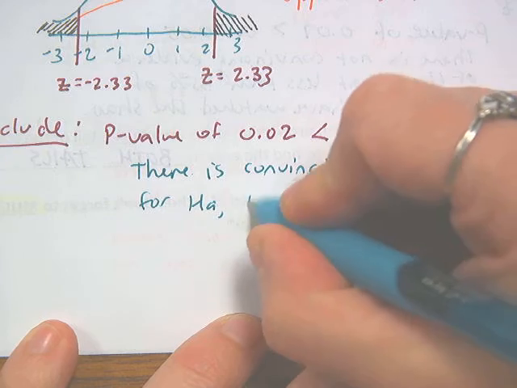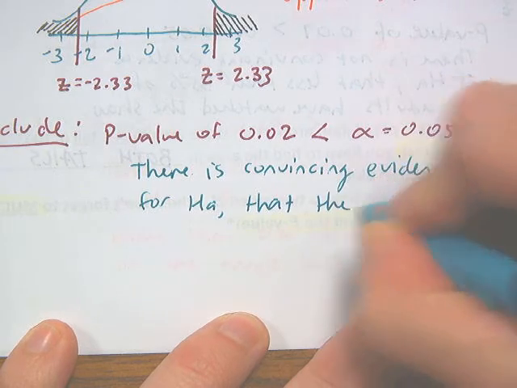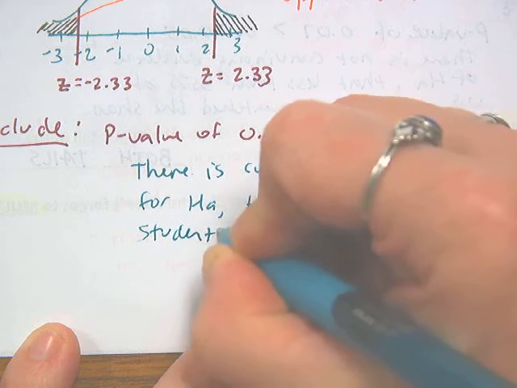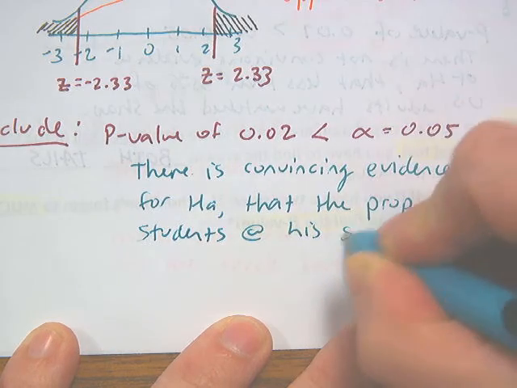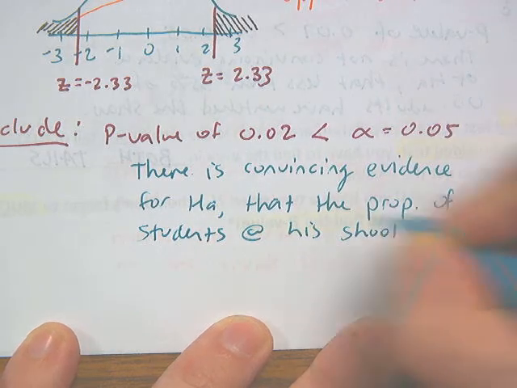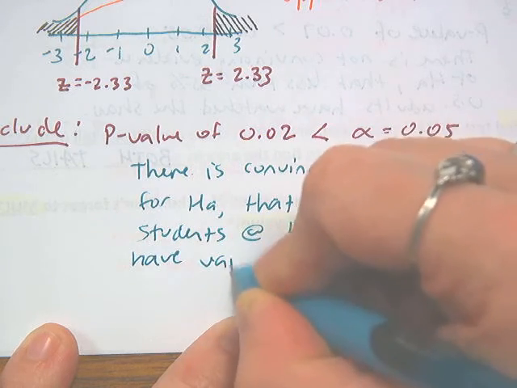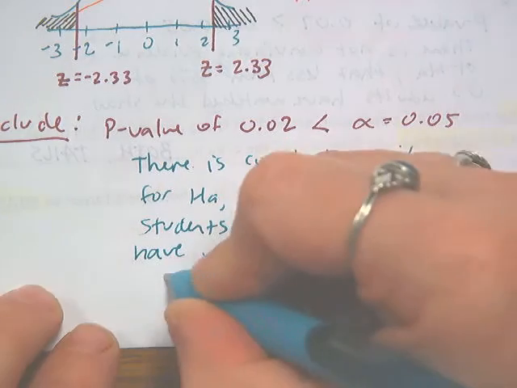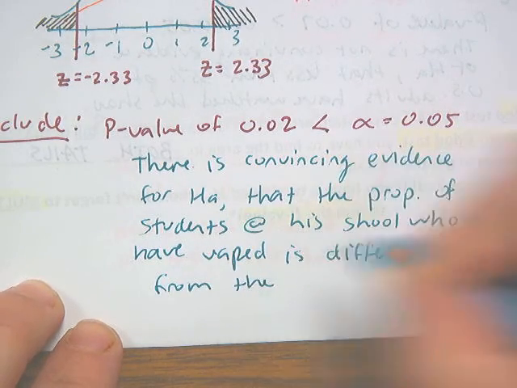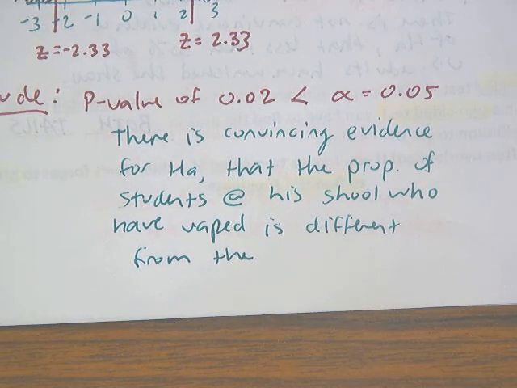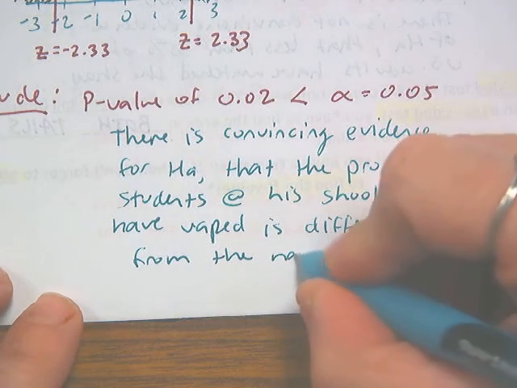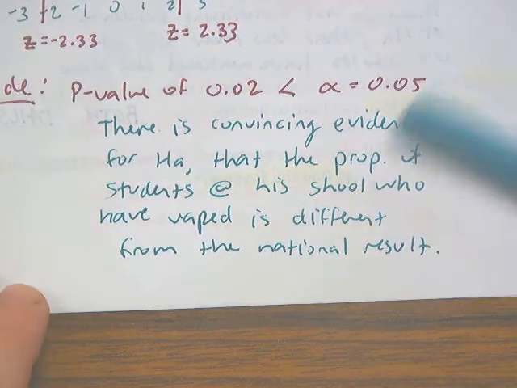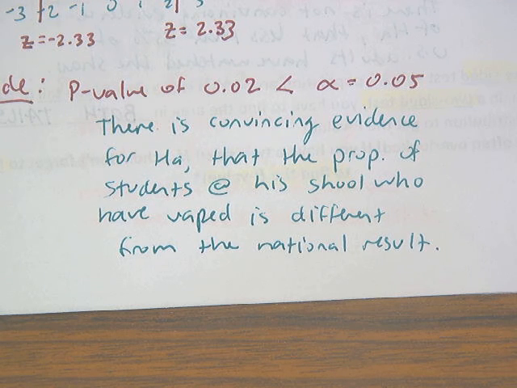There is convincing evidence that the proportion of students at his school who have vaped is different from the national result, or 0.275. And that's it.